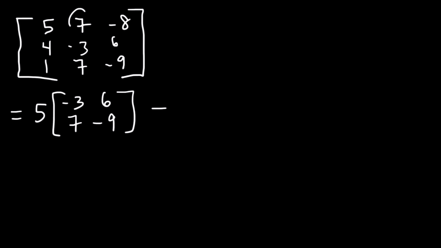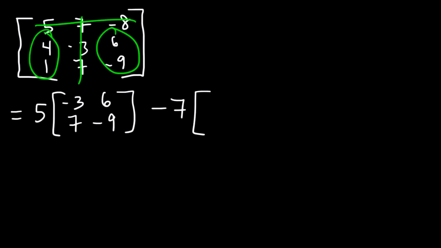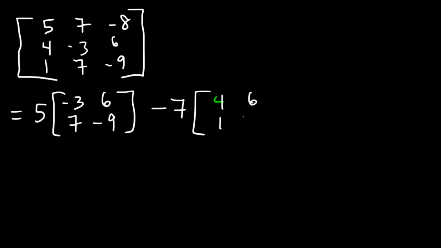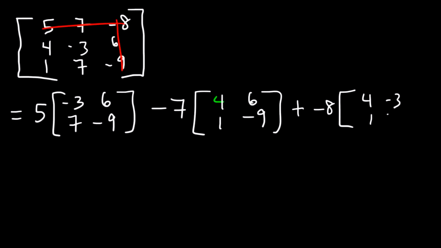Next, we're going to use the 7. So if we take away the first row in the second column, it's going to be 4, 1, and 6, negative 9. And then the last one, negative 8. So if we take away row 1, column 3, we're left with 4, negative 3, 1, 7.